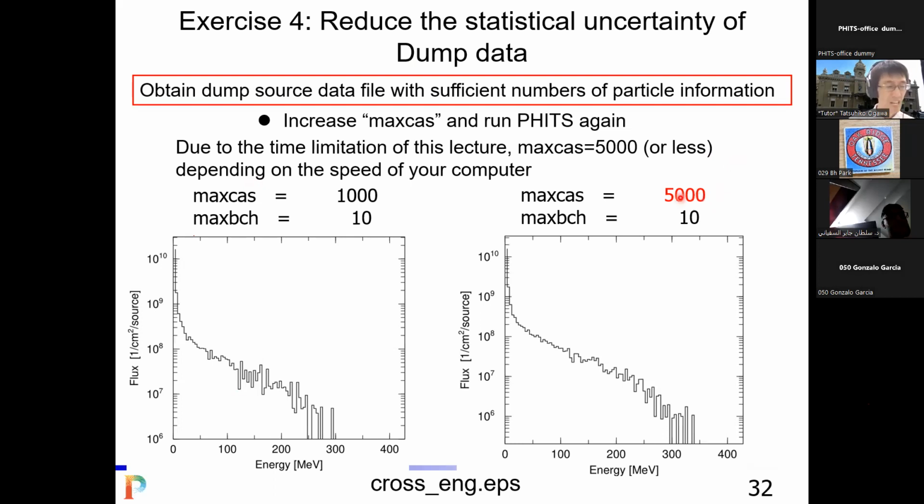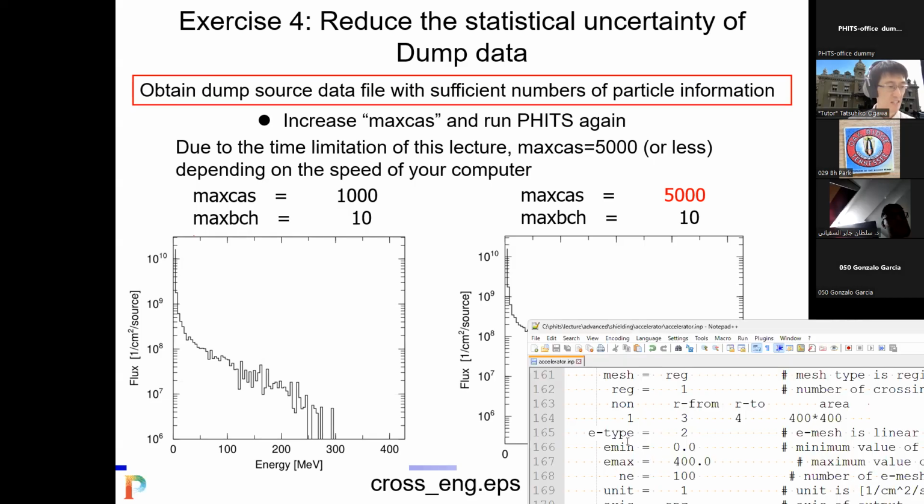If it takes a bit too long, don't mind using smaller values like 2000 or even 1500. Anyways, please run this input file with a larger maxcas to improve the statistics of dumped data. Please try exercise number 4.